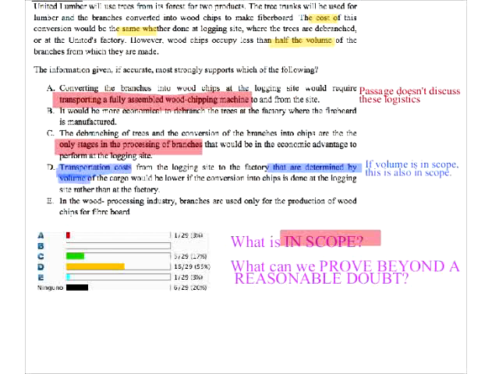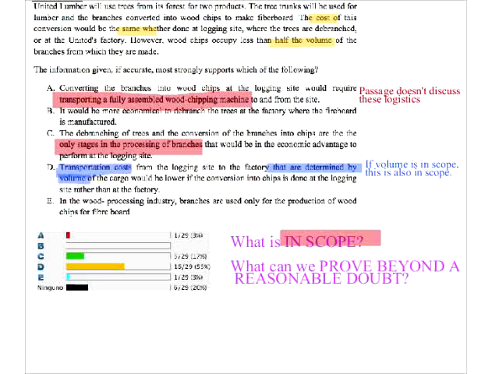The transportation cost is trying to throw you off, but it says determined by volume. So volume is in the scope of the argument. If anything is solely a function of volume, then that's in scope too. So watch it there.